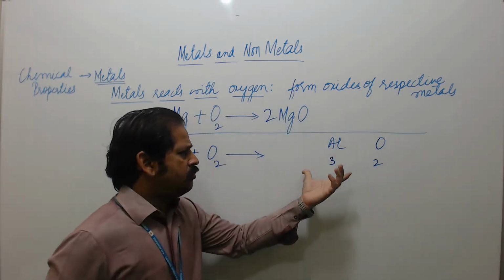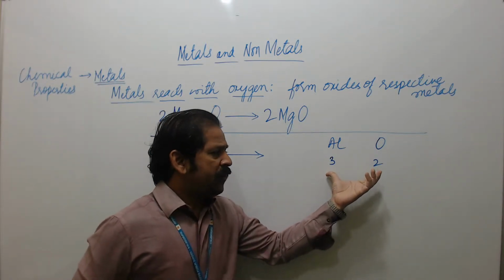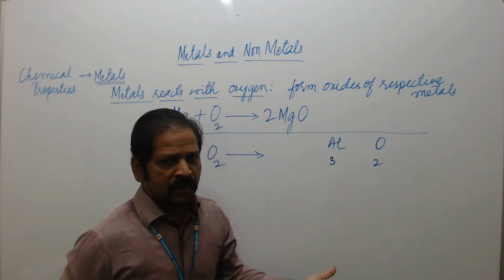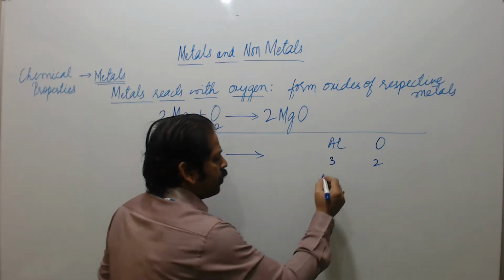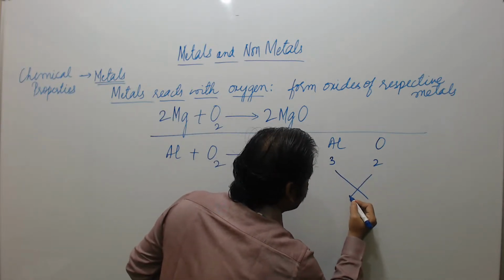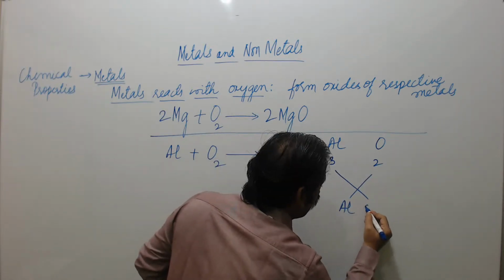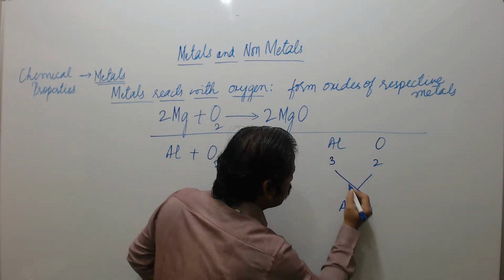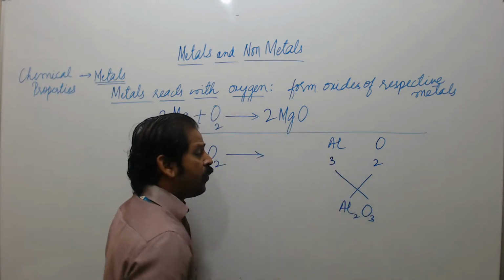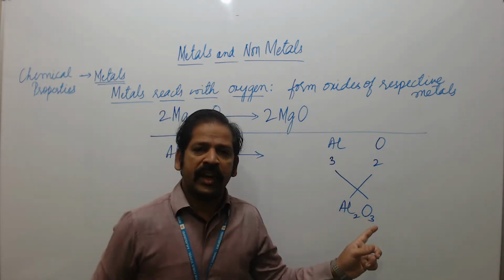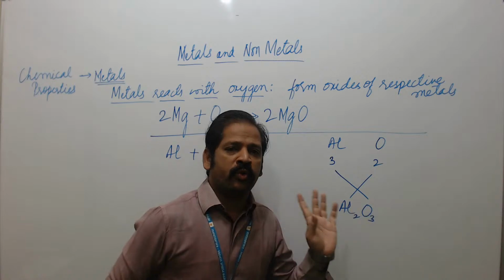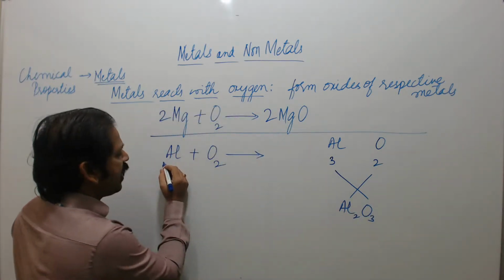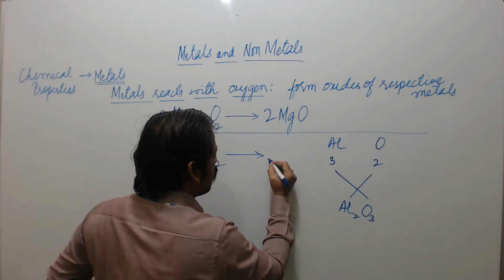We cannot simplify it because one is an odd number and the other is even, so 2 comes here and 3 goes this side. The formula of aluminium oxide is Al2O3.